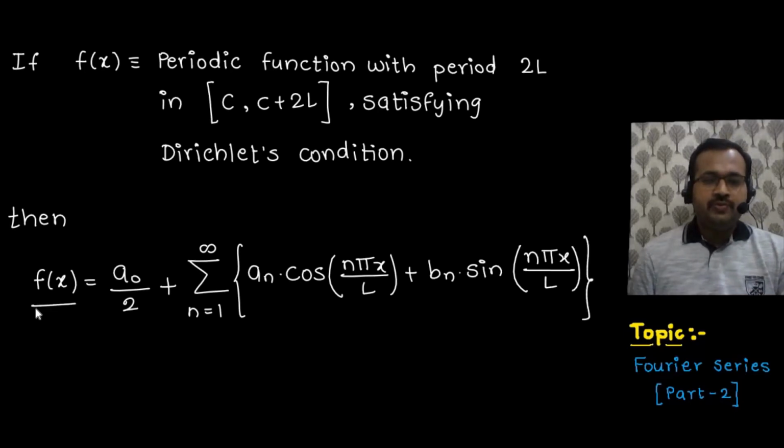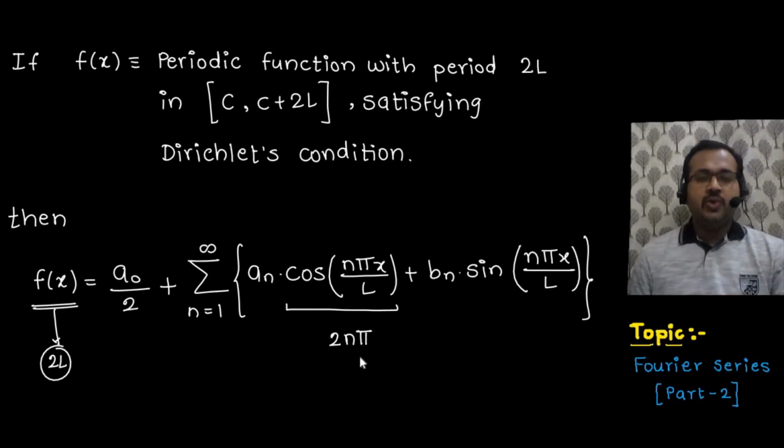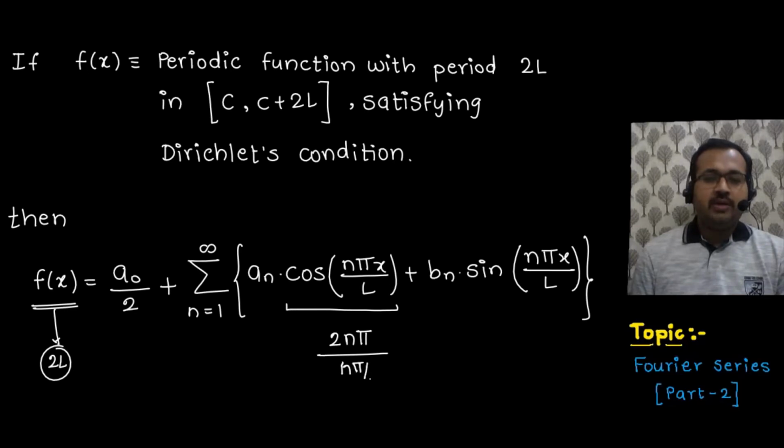If you observe, since f of x is a periodic function with period 2l, we know that cos is a periodic function with period 2 pi and the general period is 2n pi. If you divide it by the constant term, that is n pi by l, and simplify this, we get that this is a periodic function of period twice l.